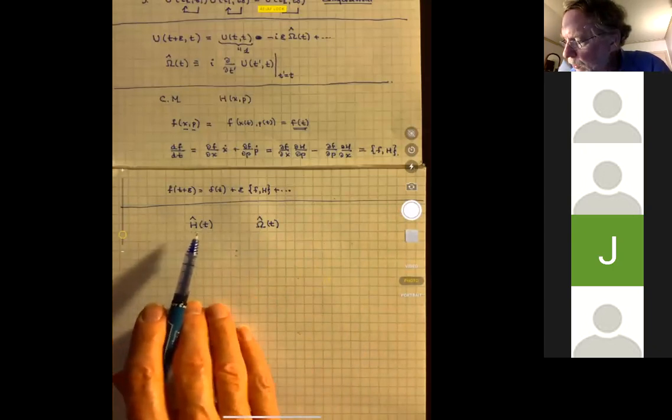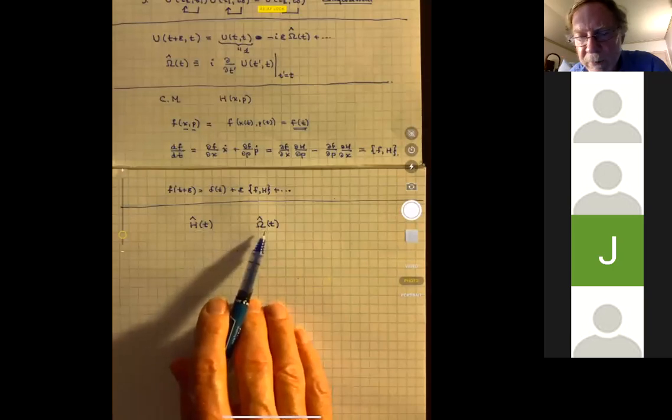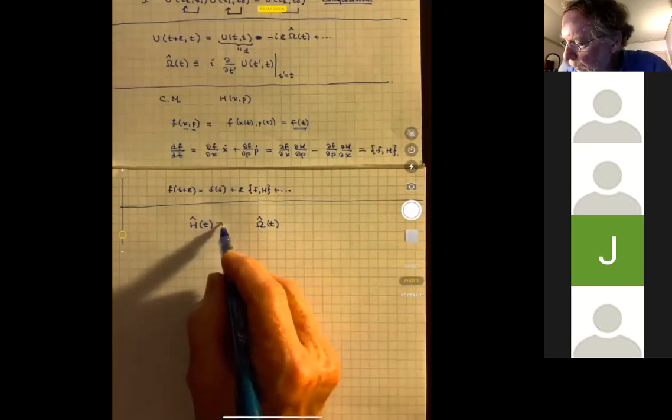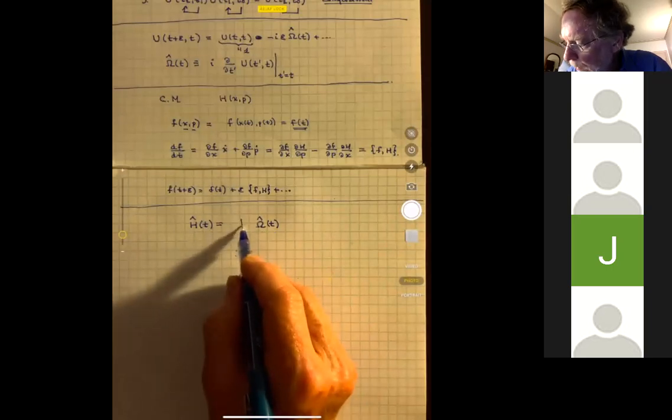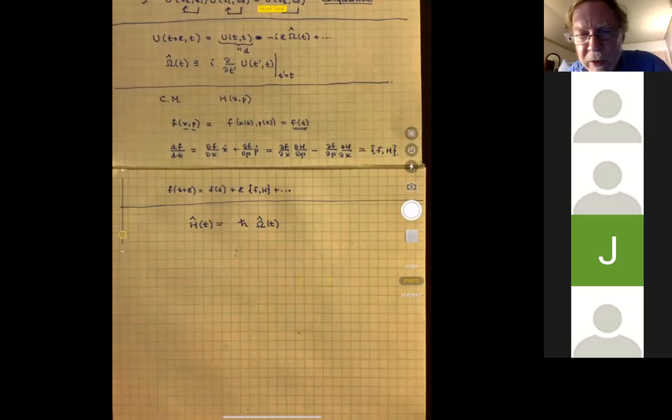H has dimensions of energy and omega has dimensions of inverse time. So let's just guess that they're related by a proportionality factor, which has to have dimensions of action. That means it has the same dimensions as H bar. And we'll guess, in fact, that it's even the same H bar that appeared in the momentum equation. In fact, we better require that, because the earlier momentum equation and this energy equation are obviously space and time components of an energy-momentum 4-vector.